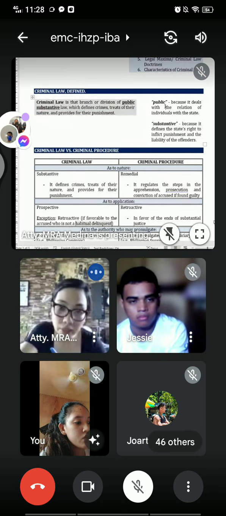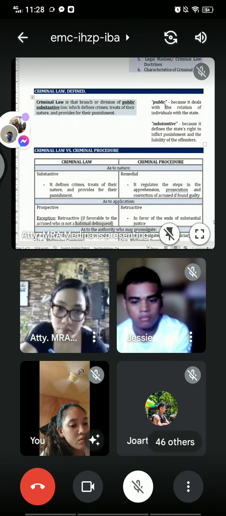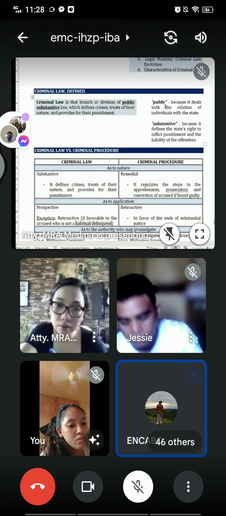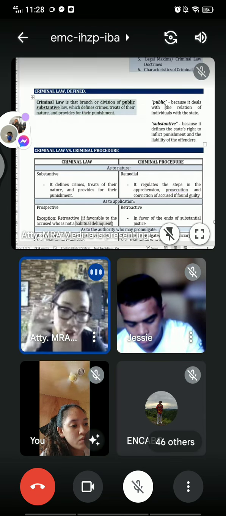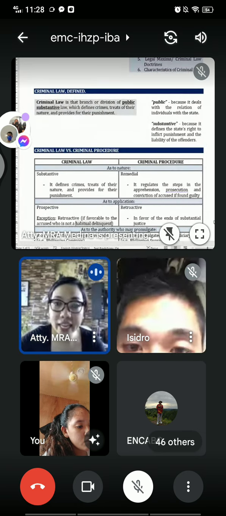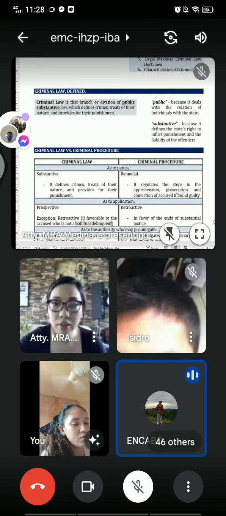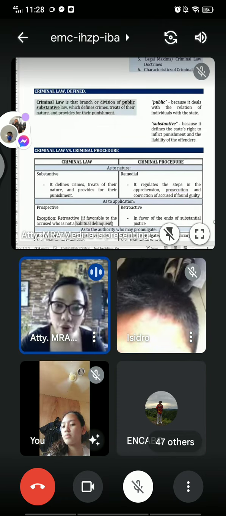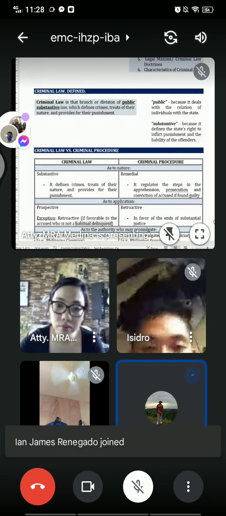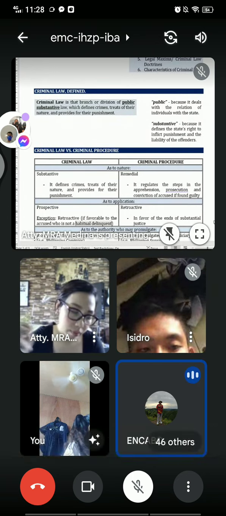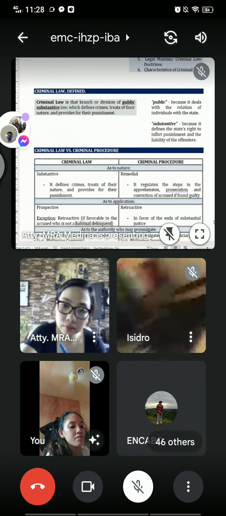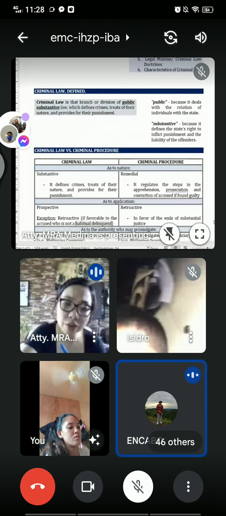Not here? Absent? Nathaniel? Yes, miss. Again, those who have raised their hands. Yes. Legislative. Three powers of the state.